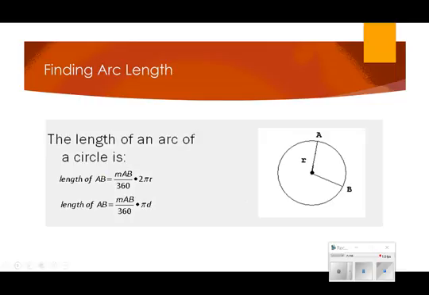Now, there's a difference. We're going to look at finding arc length. Kind of jumping. Yesterday, you looked at circumference. An arc length is the actual measurement, not the degrees. Okay? So the arc length is an actual measurement, linear measurement.